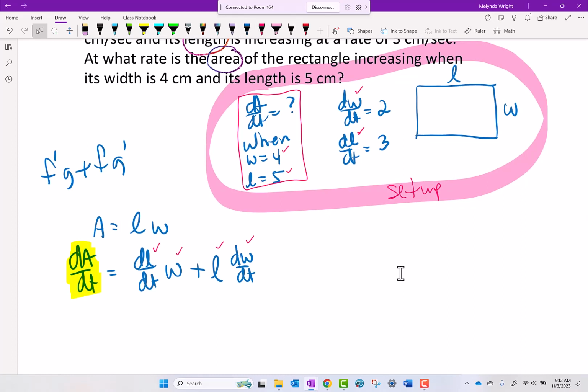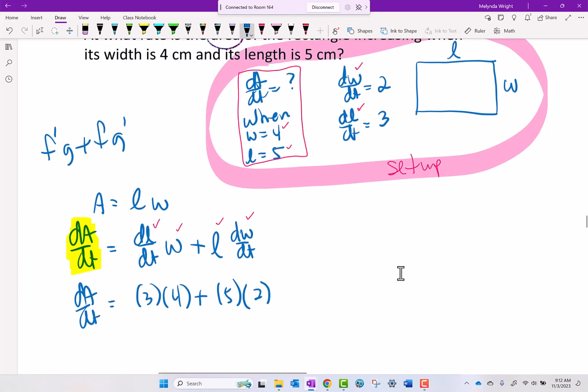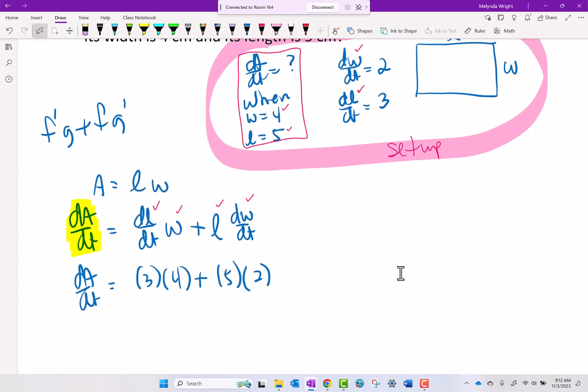So let's do that. dA dt equals, what was dL dt? dL dt was 3, and W was 4. L was 5, and dW dt was 2. Okay, that's not bad. So what is that? 12 plus 10. Can I add that in my head? Probably not. 12 plus 10 is 22. Let's look at our units.